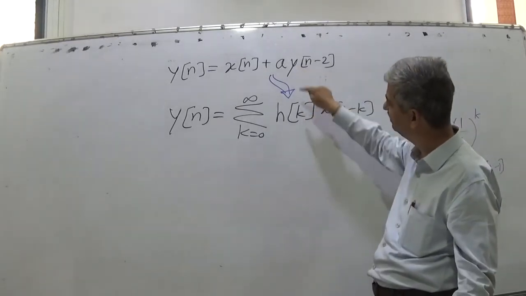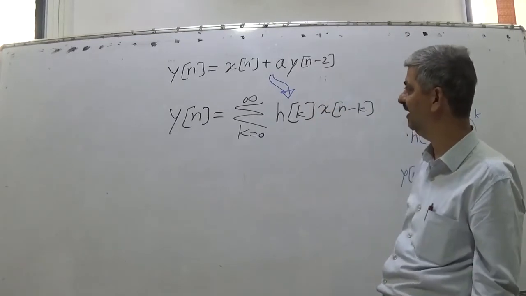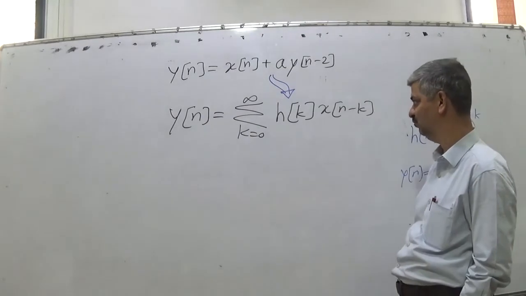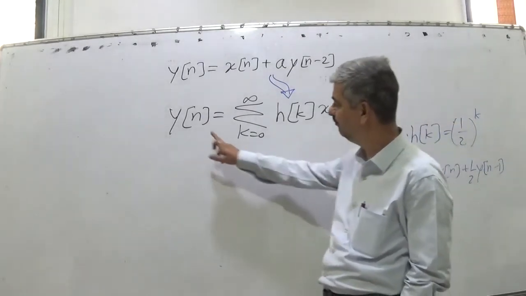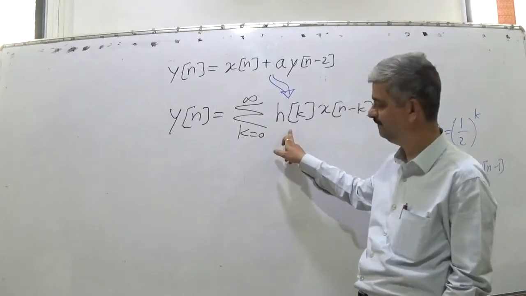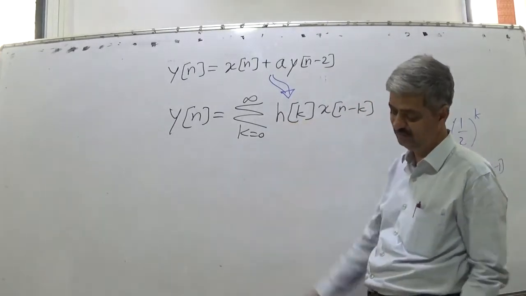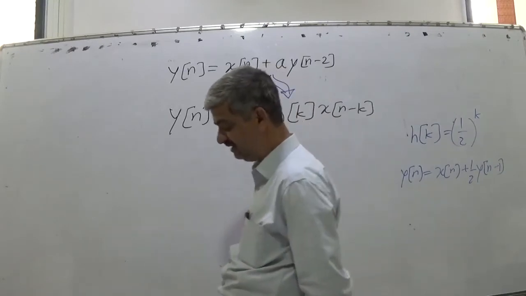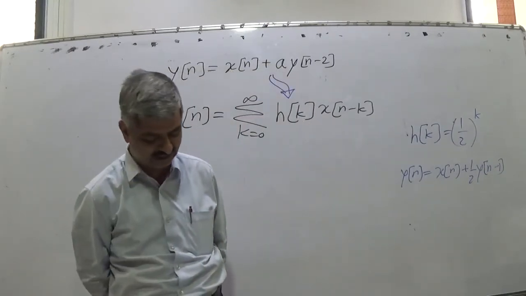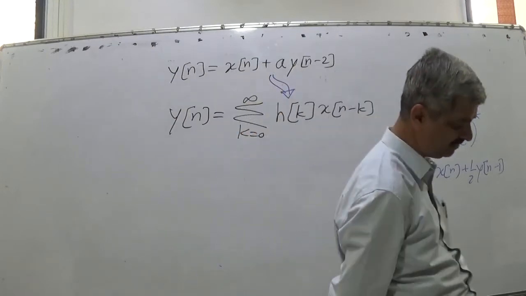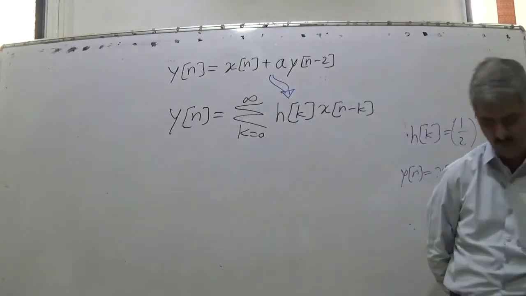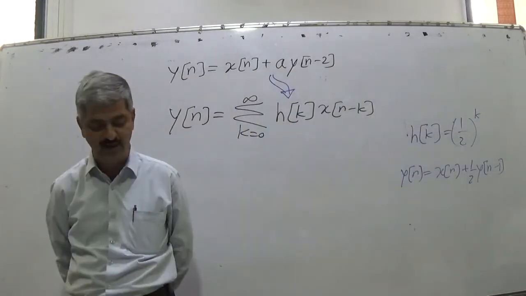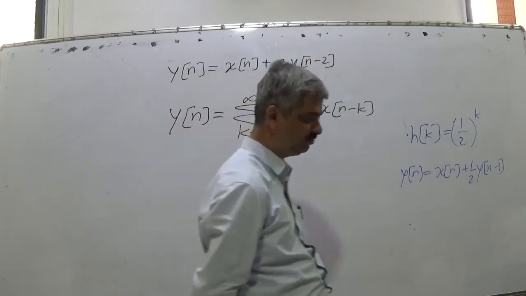From yn is xn plus a yn minus 2, by what formula will you find hk? This infinite term convolution expression can be converted into a finite term iterative expression, which we studied just now. Now the question is, how will you convert a finite term iterative expression into an infinite term convolution equation?